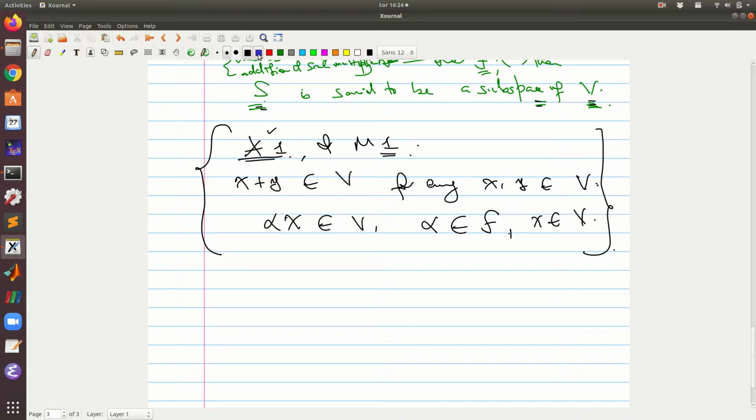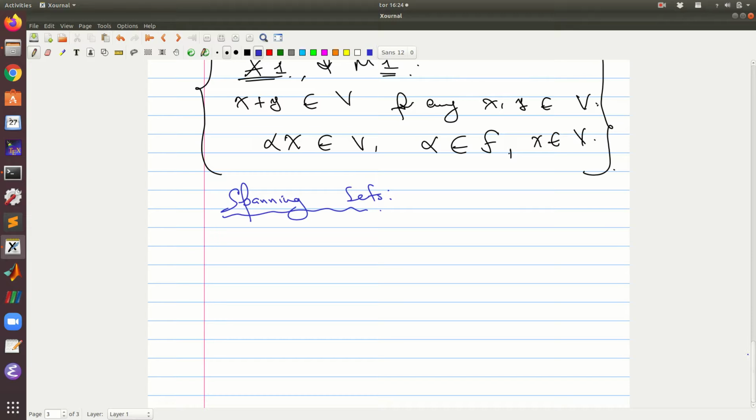So our idea here was just to give that definition and then move on to what we call spanning sets. This section is going to have quite a number of definitions. Bear with us, there's no simpler way to do this without defining some of these.